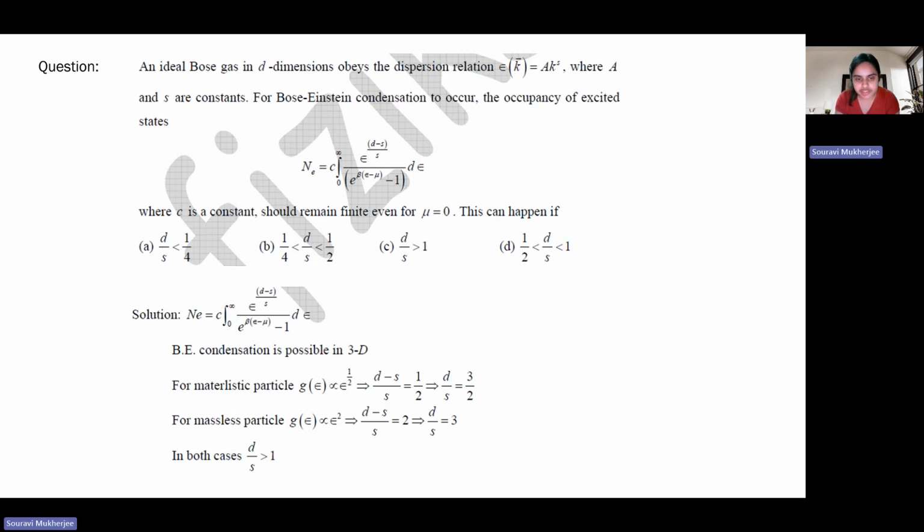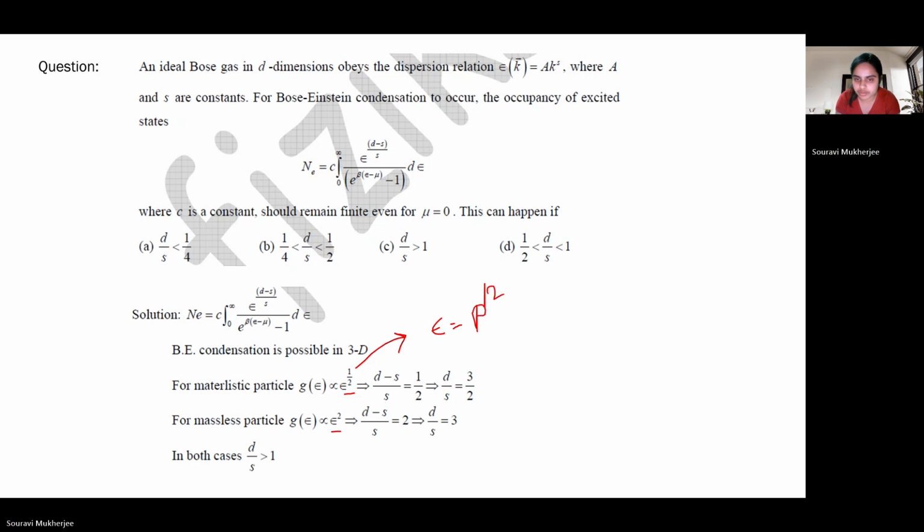Now also be careful. One can ask: in this case you're getting epsilon to the power half, here you're getting epsilon square. Why? This depends on the energy dispersion relation. For a massive particle, we know that the energy epsilon is given as p square by 2m.